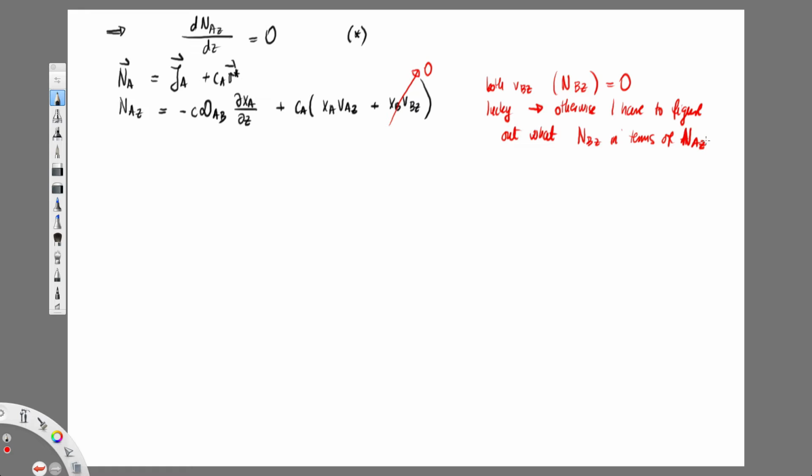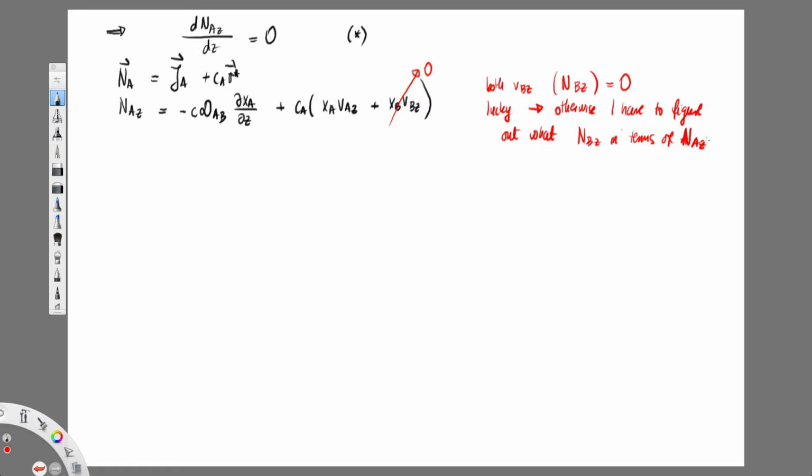Okay? So that's where boundary conditions will come into play with this reaction to tell you what NBZ is. Those are the variants of these problems, with different applications and different cases, and that's what changes the equations here. But for now, we're lucky, this is the simple initial problem.